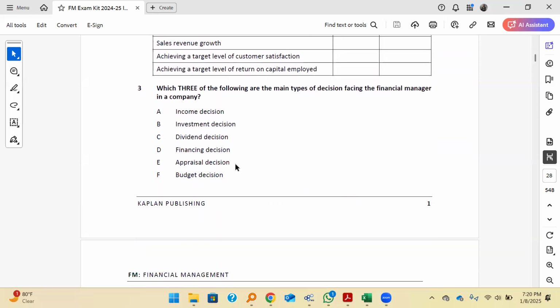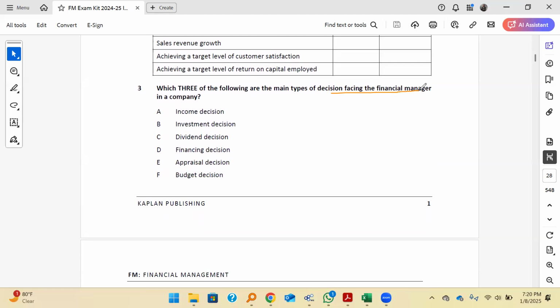So we have the next question, asking which three of the following are the main types of decision facing the financial manager. We already talked about this when I was introducing the topic. The financial manager is responsible for a couple of decisions.